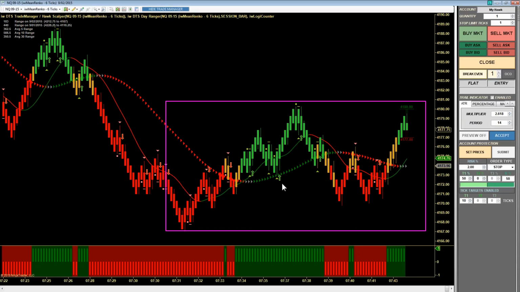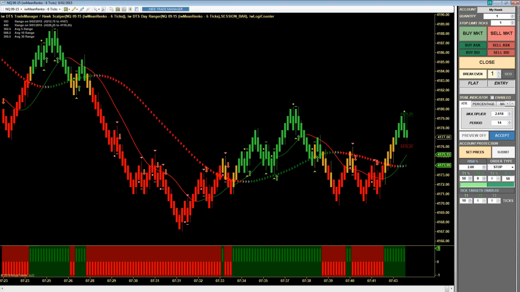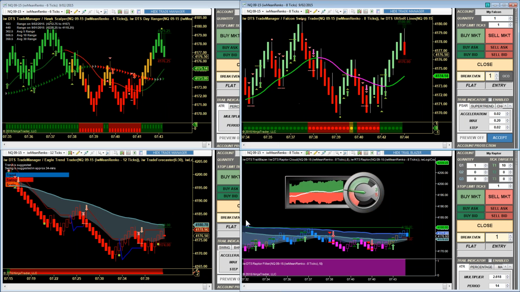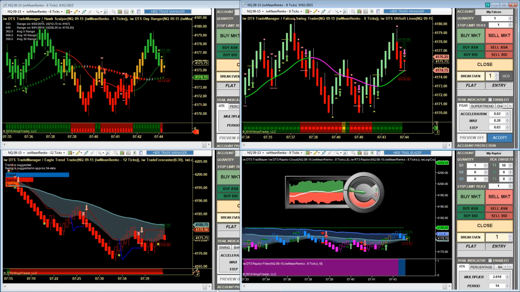We might give it a poke, but right now they're content to go sideways. No point in chasing them around if they're just going to chop things about.